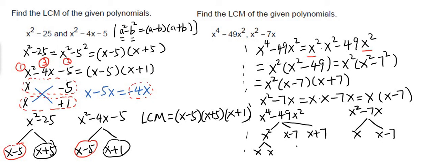Now, our least common multiple, LCM, can be written down as follows. The first thing we try to find is the common factors. So x and x, those are common factors. And also we can find x minus 7 is also a common factor. So for the common factors we just pick once. Okay, x, we just pick one x.